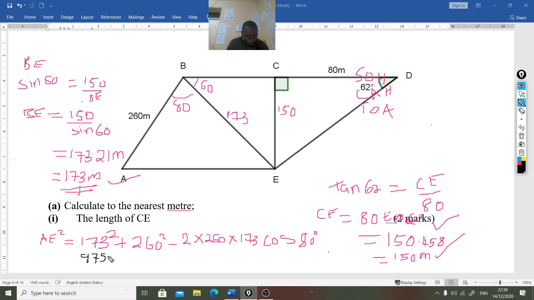Then I will subtract 2 times 260 times 173, then whatever I get times cos of 80. I will get 15,621,  minus 15,621.39.